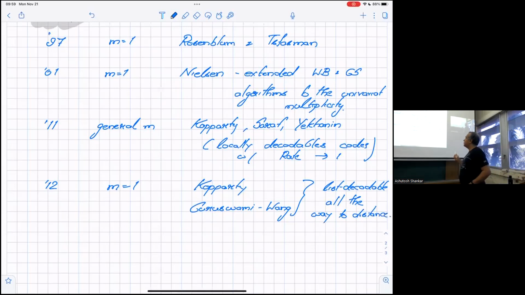This was not the first code that had this property. We were in search of explicit such codes. Just the previous year or something, Guruswami and Rudra had come up with folded Reed-Solomon codes which achieve this property. It was another code which has this property. What Kopparty and Guruswami-Wang gave was yet another code which explicitly achieved it. Now we know that the random code achieves list decodability all the way up to capacity.